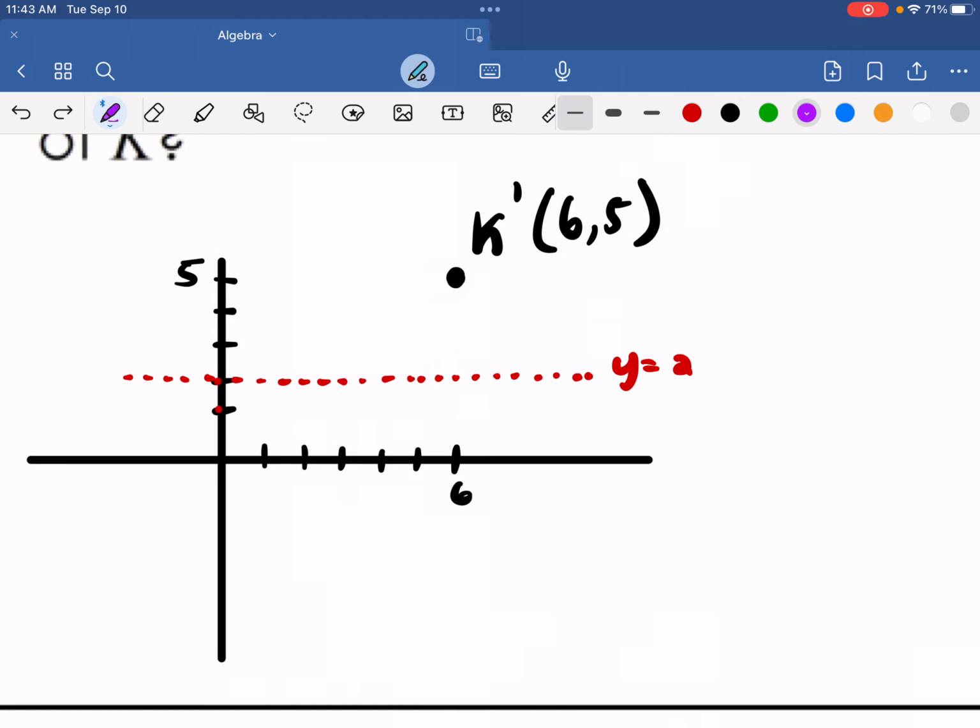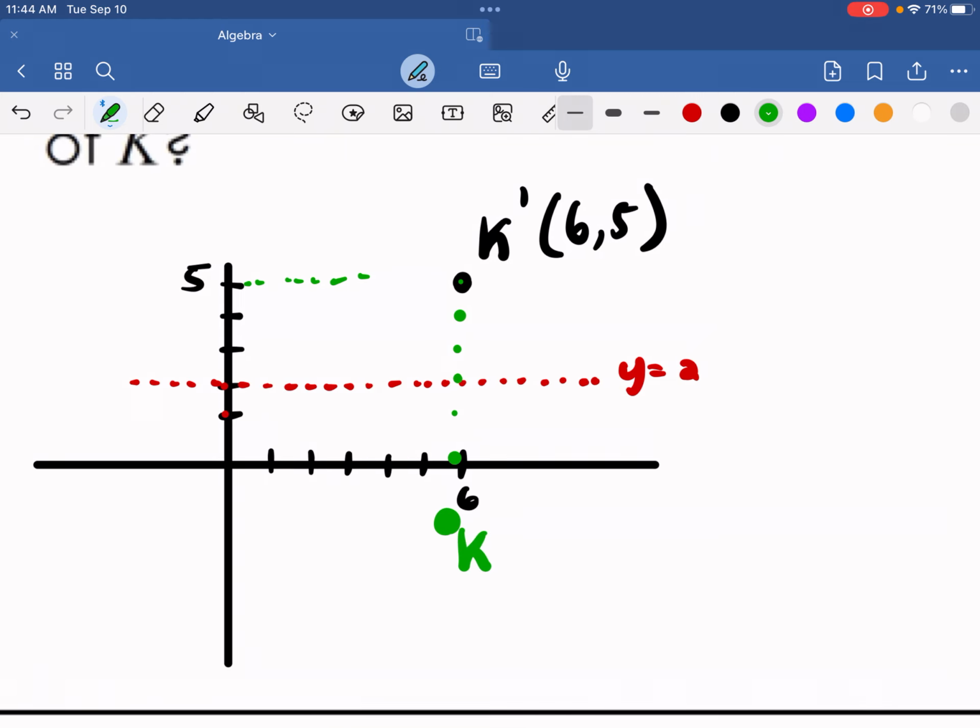And you kind of got to count. So if you're already at 5, we're up here at level 5. How am I going to get to 2? Well, you're going to count down 3. 1, 2, 3, and you hit the line. So now you got to go 3 underneath. 1, 2, 3. This is where K is, and that's 6, -1.